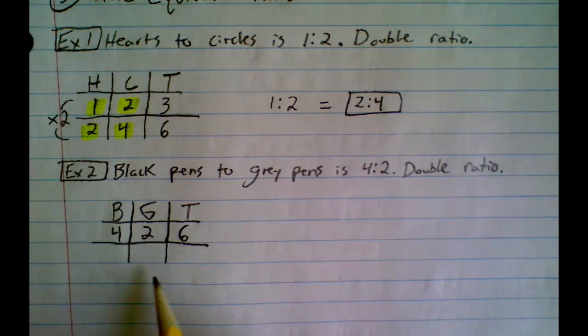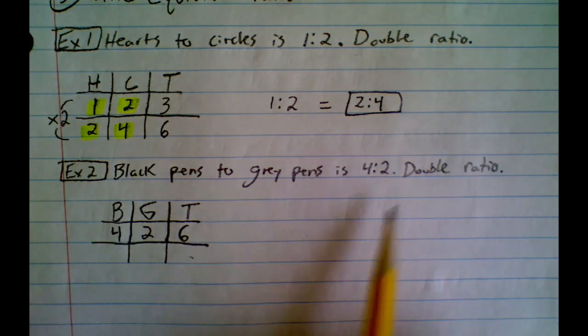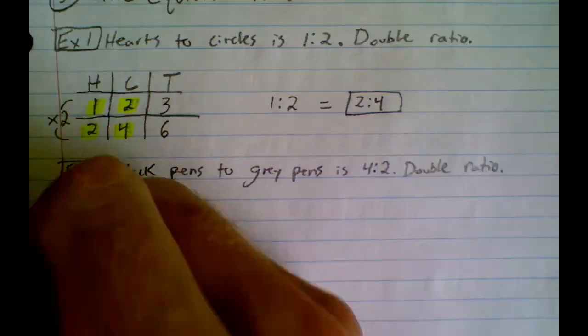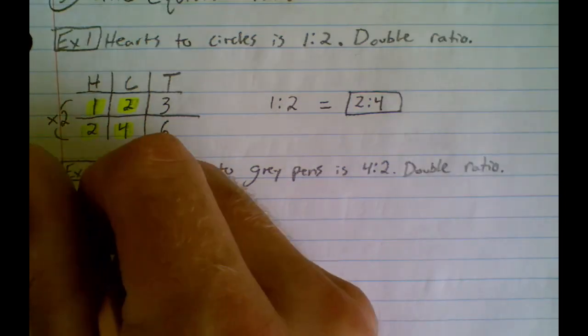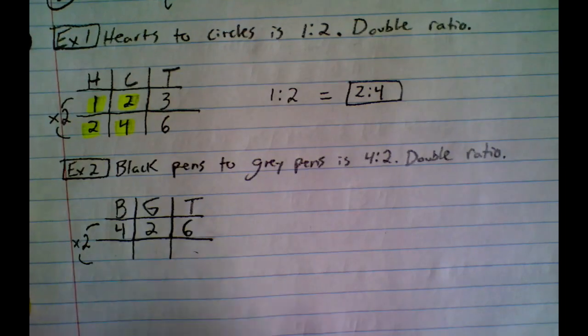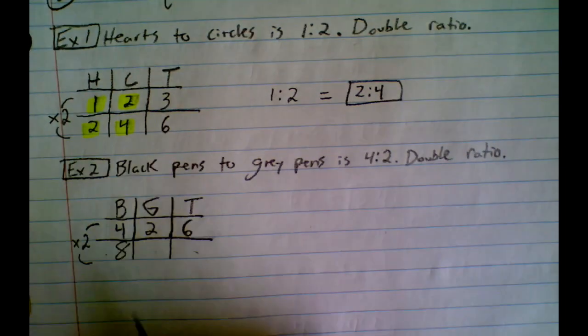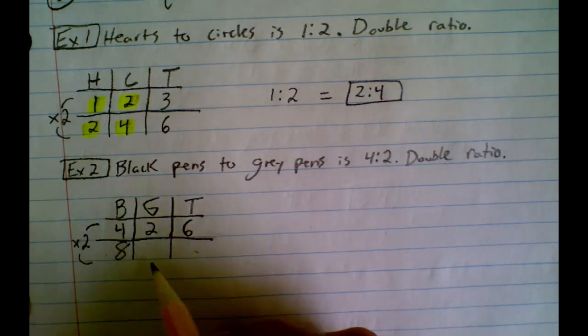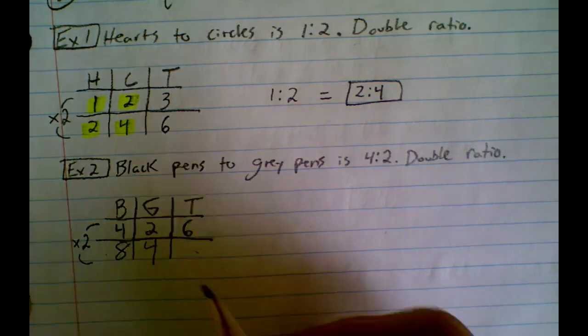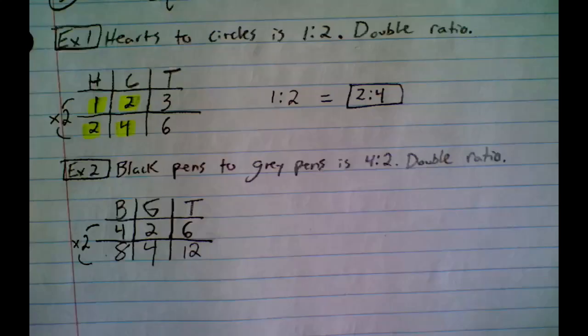The example says to double the ratio, so you multiply by 2. 4 times 2 is 8. 2 times 2 is 4. And 6 times 2 gives you 12.